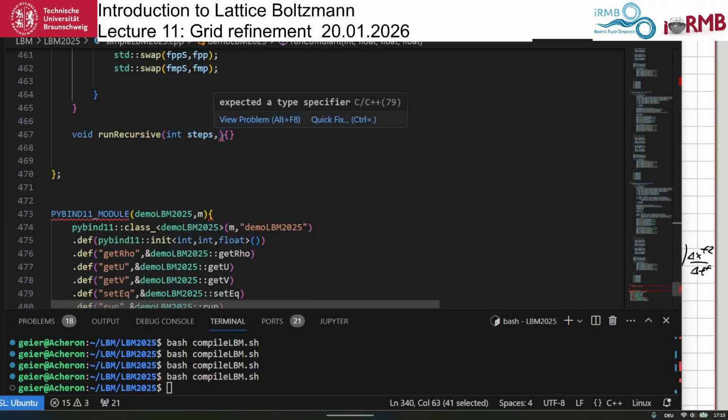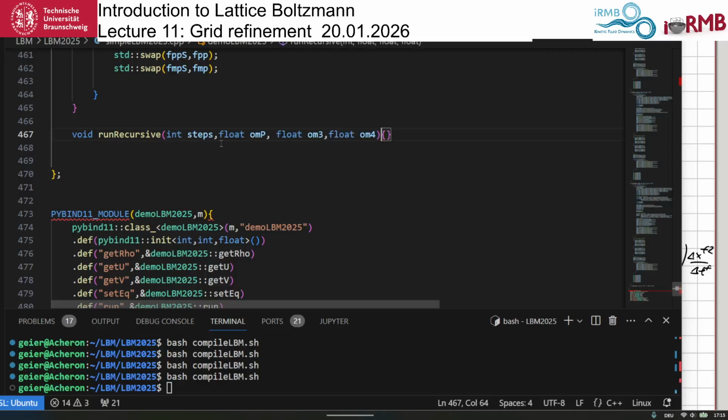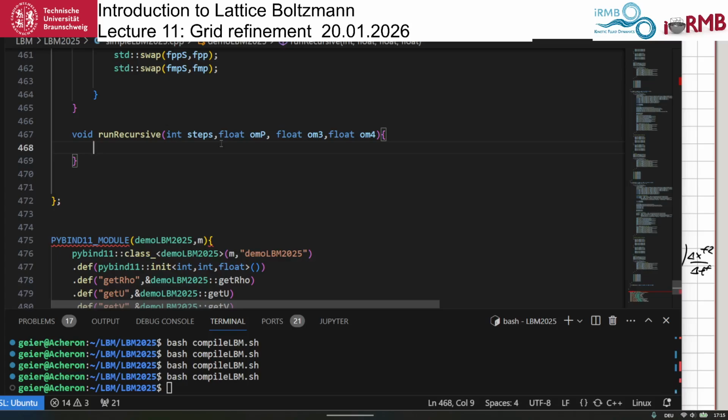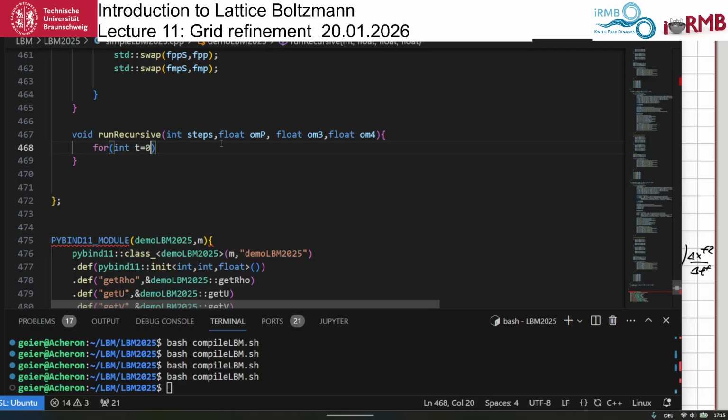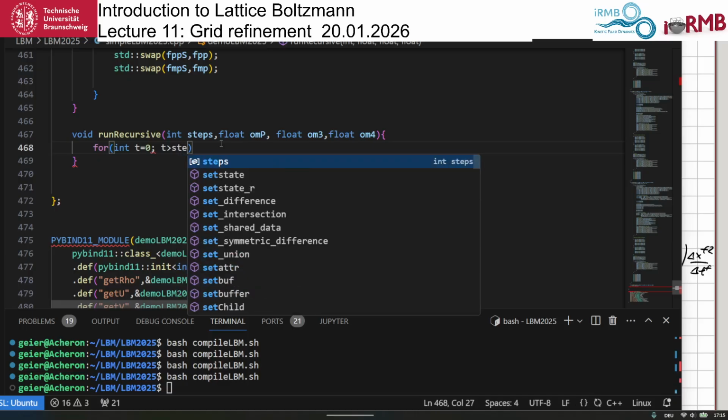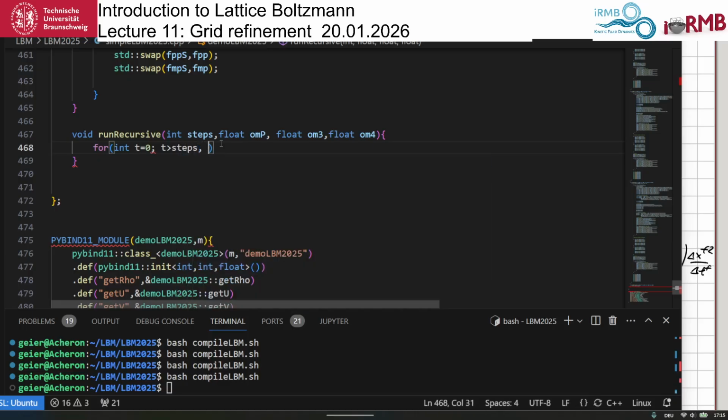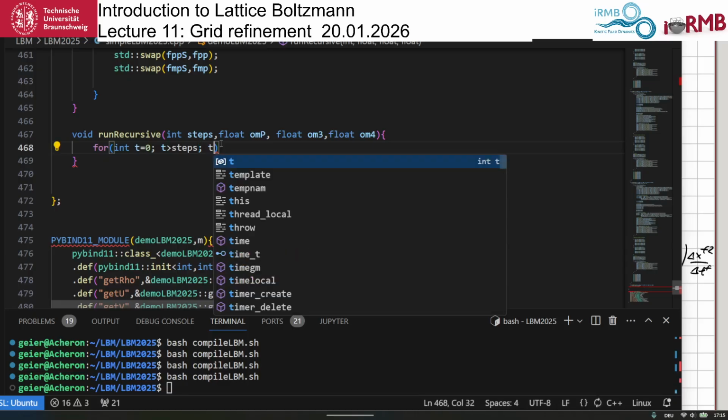Even though this is maybe not the right style, let's do it anyway like this. So we'll take these parameters. So what would now happen? We would do for int t equal to 0, t smaller than steps, t plus plus.